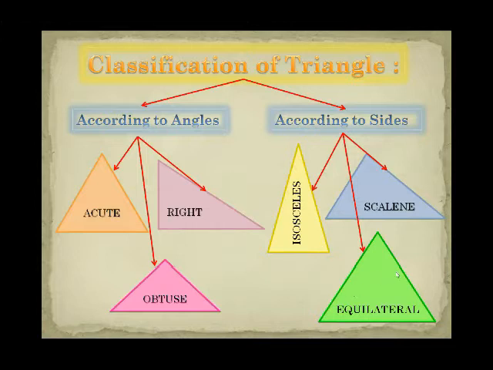But in an equilateral triangle, all the three sides are congruent, so the angles opposite to those sides are also congruent. It means that this triangle has all three angles congruent. And from the beginning, we know that the three angles of a triangle sum to 180 degrees. So here we say that all the three angles of an equilateral triangle are the same. How they are the same, we consider in the next slide.